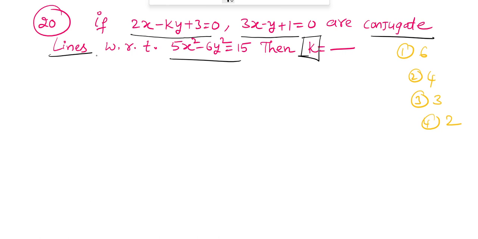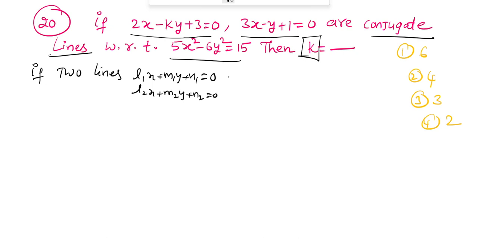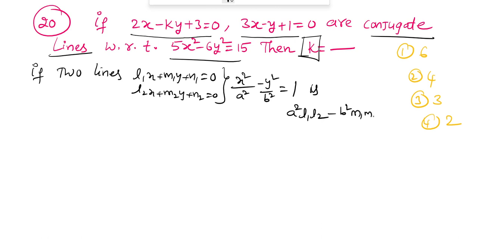So if two lines, this is the direct shortcut formula, if two lines l1x plus m1y plus n1 is equal to 0, and l2x plus m2y plus n2 is equal to 0, are conjugate with respect to the hyperbola x square by a square minus y square by b square is equal to 1, this is the formula: a square into l1 l2 minus b square into m1 m2 is equal to n1 n2. This is the formula for conjugate lines.